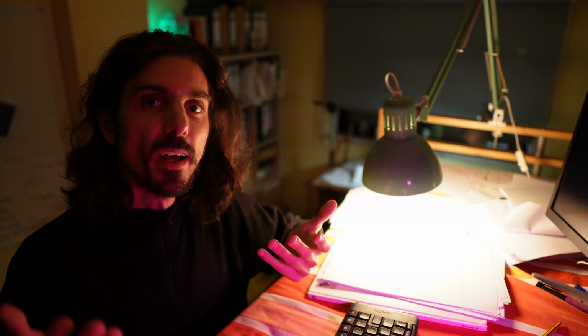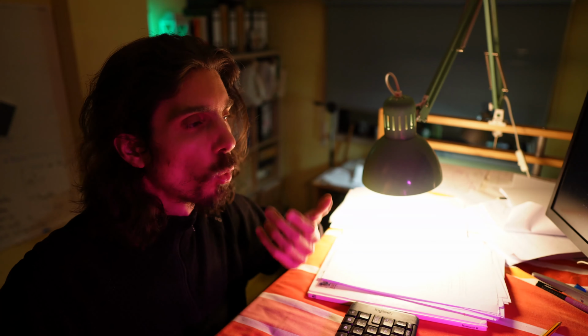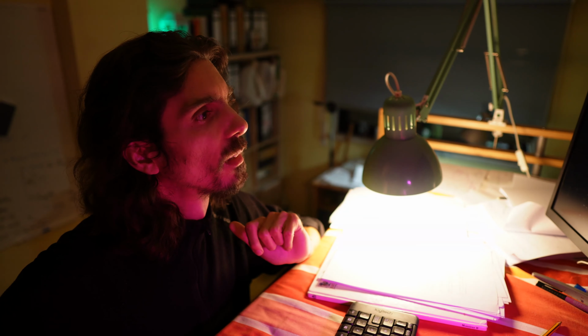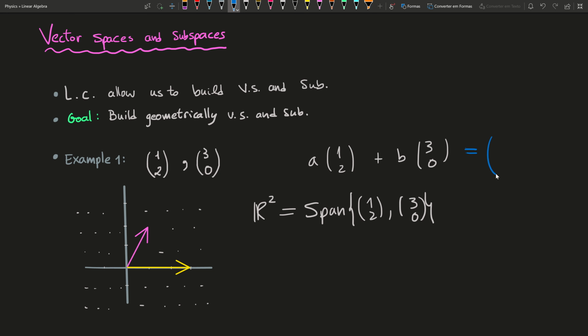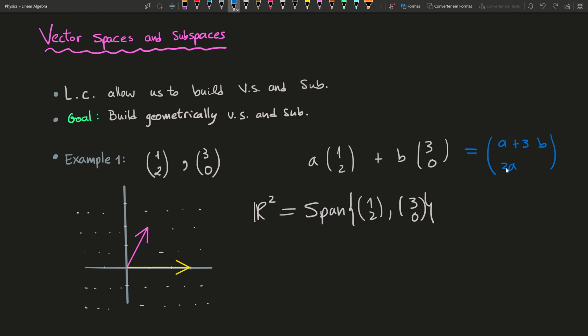Another way to describe this space, this R² space, is by specifying the form of the elements that live in this set. What do I mean by the form? Well, look at this generic linear combination. Let me write it in another way. This is the same thing as the column vector whose first entry is a plus 3b, and the second entry is 2a.